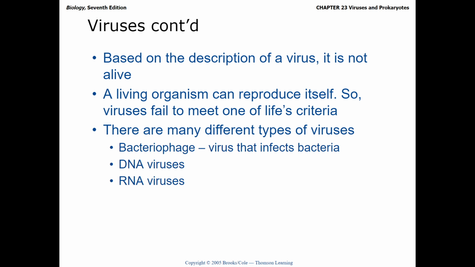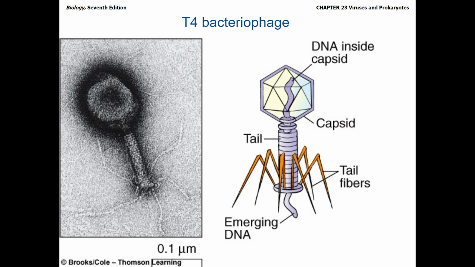But there are many different types of viruses, regardless of their status as non-living. There are bacteriophages, DNA viruses, and RNA viruses. So here is a better look at a bacteriophage. This is a T4 bacteriophage that can infect T helper lymphocytes. It does kind of look creepy.